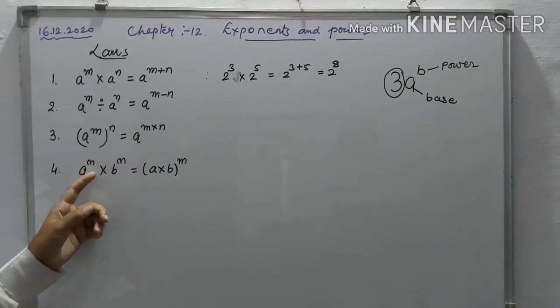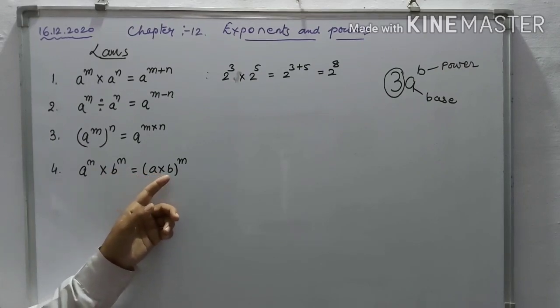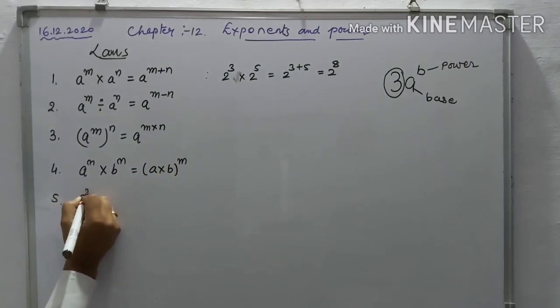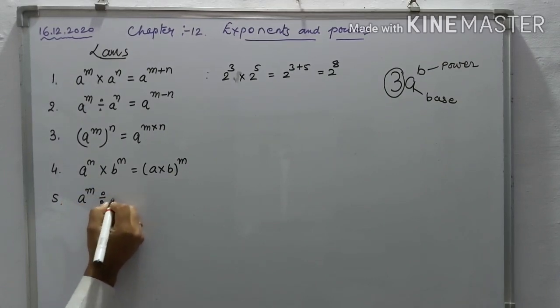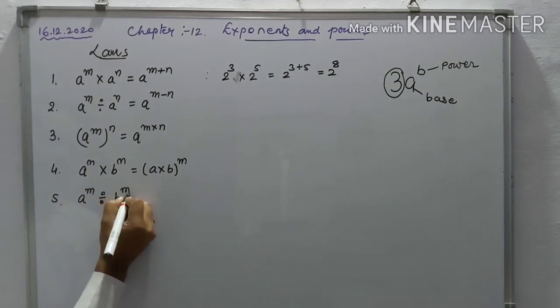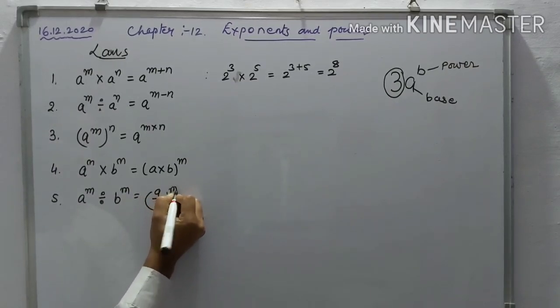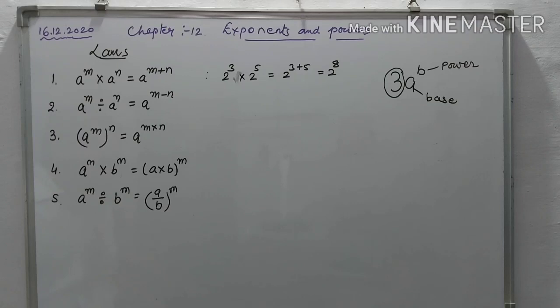Here is a power m multiply b power m is equal to a into b power of m. Fifth is the same, we divide: a power m upon b power m is equal to a upon b power of m. Okay, and sixth rule is a power 0 is equal to 1.